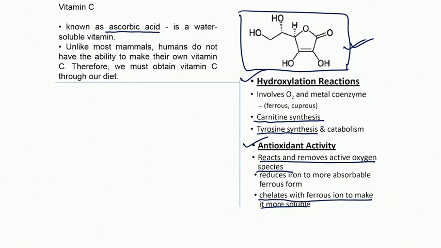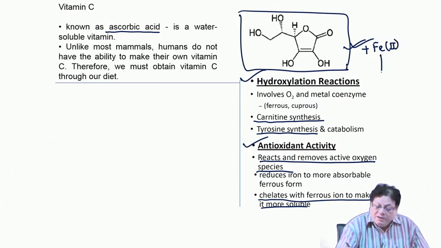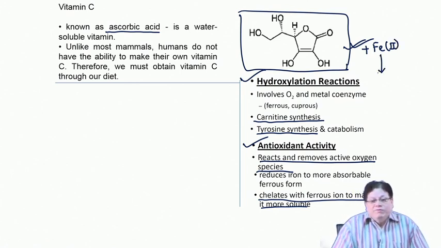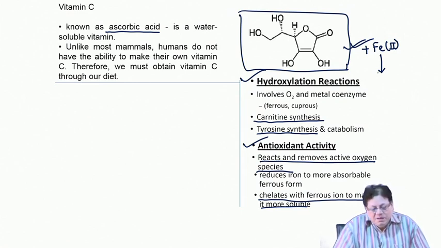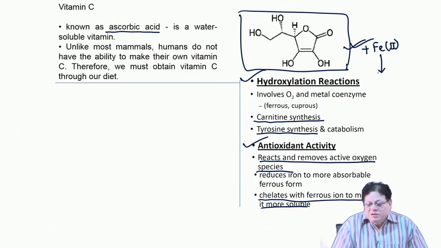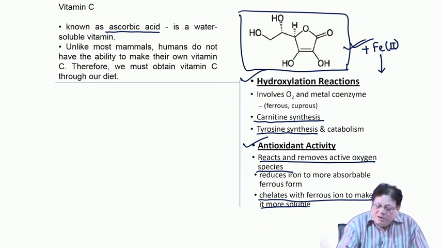Ferrous has a very strong tendency to go into the ferric in the presence of oxygen, and this hydroxylation is carried out by oxygen. So, in the presence of oxygen, there will be a strong urge for this ferrous to go into the ferric state.